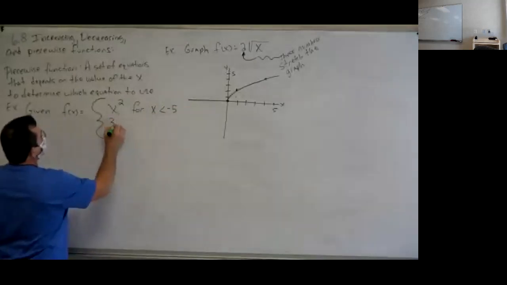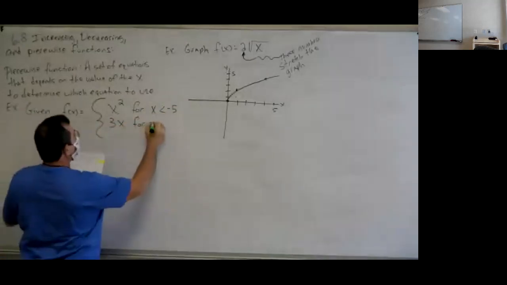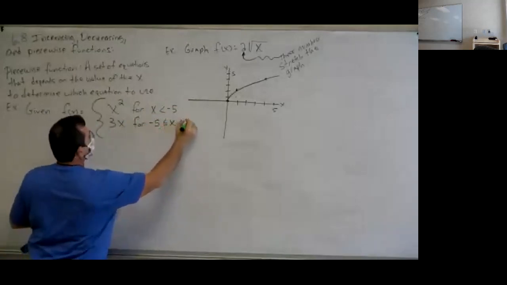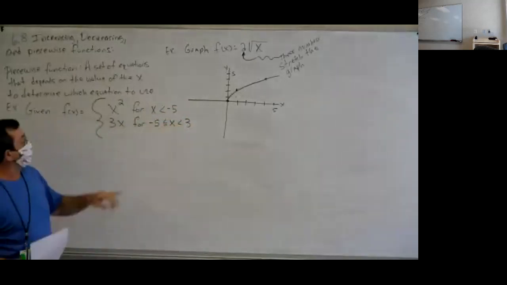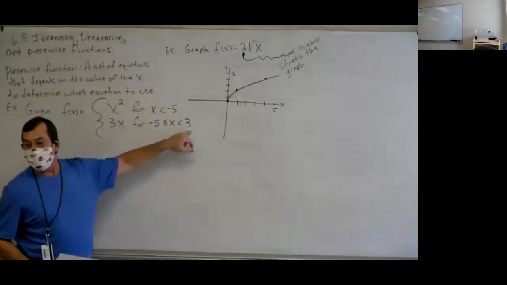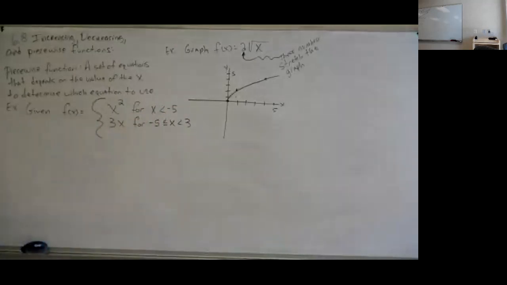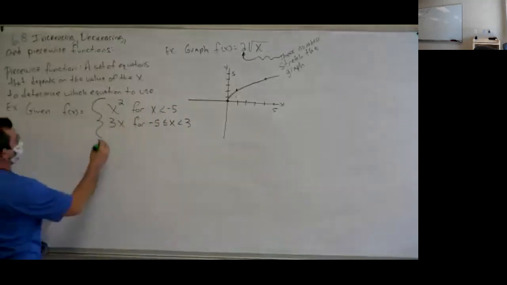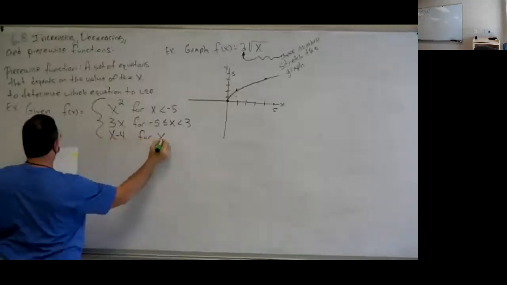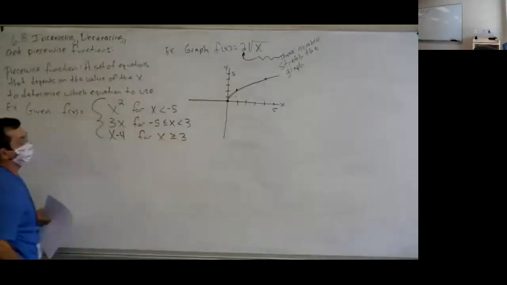It'll equal 3x for -5 less than or equal to x less than 3. So if it equals -5, or is any number less than 3, I would use the second equation. My third equation is x minus 4 for any x that is greater than or equal to 3.